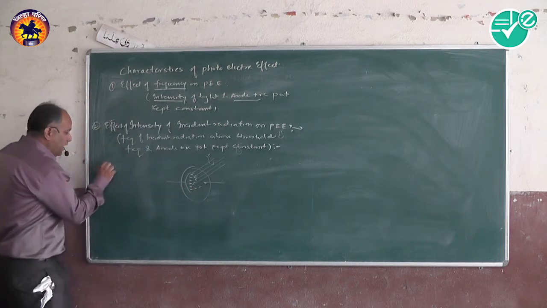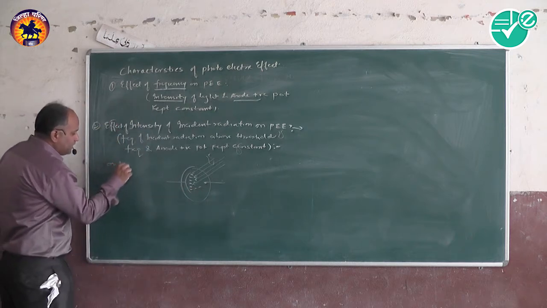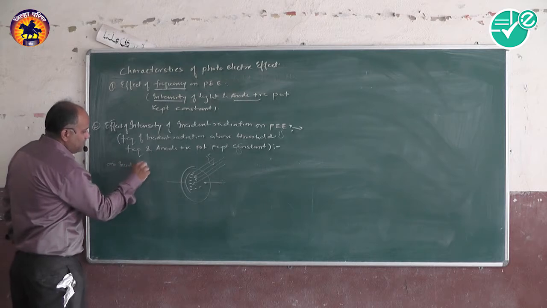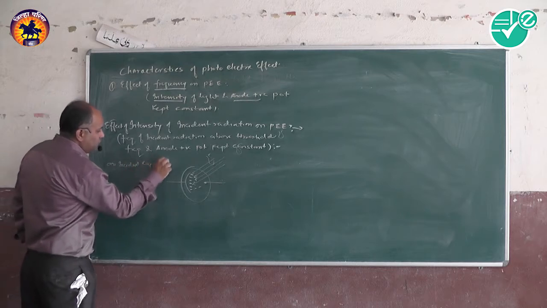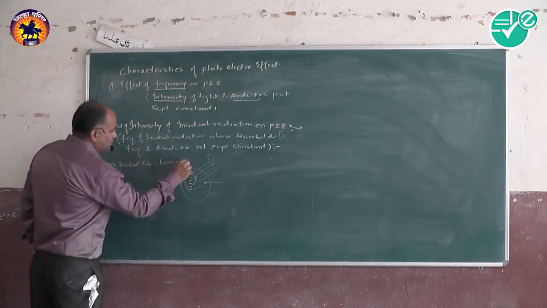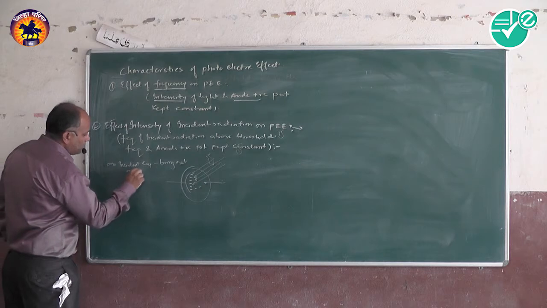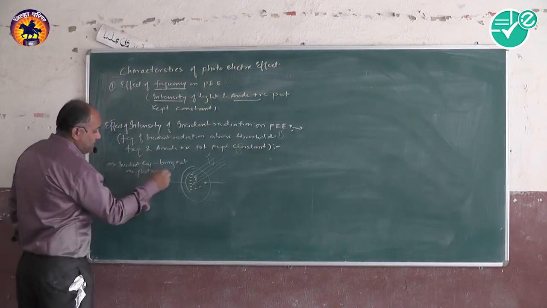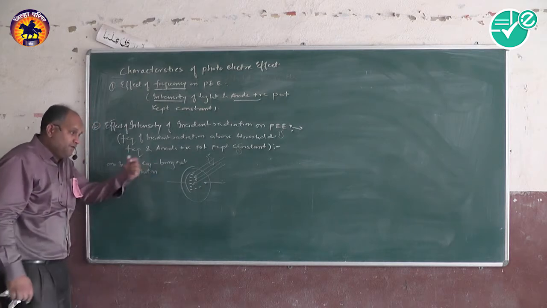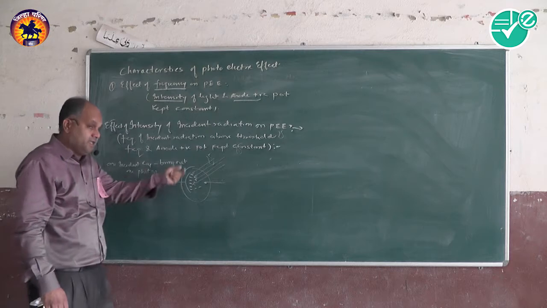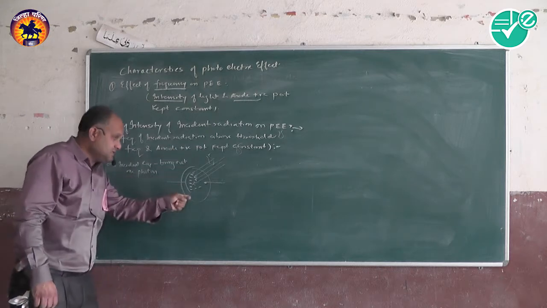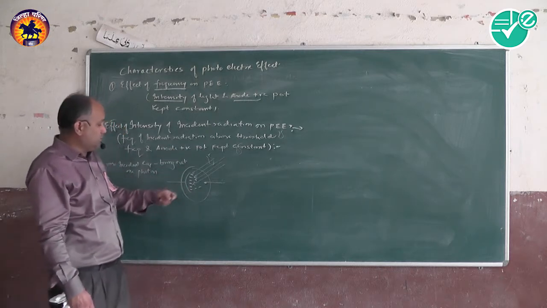Remember, one incident ray brings out one photoelectron if the energy is greater than the threshold energy, or the binding energy, or the work function of the surface of the cathode.